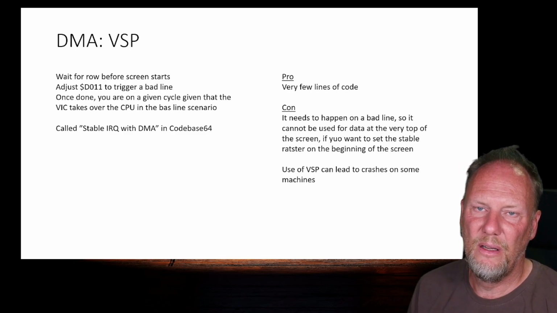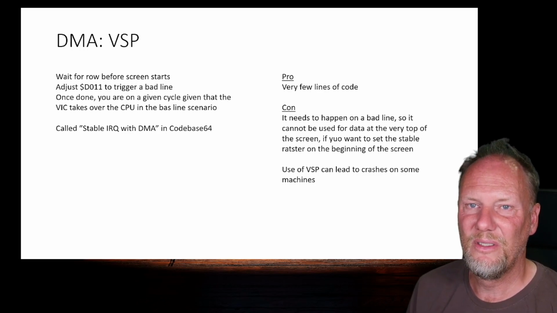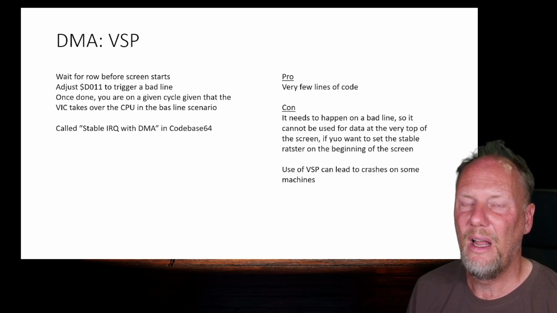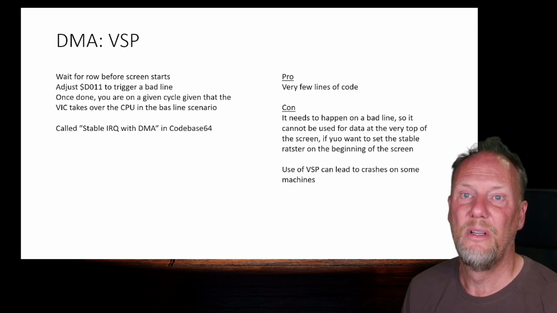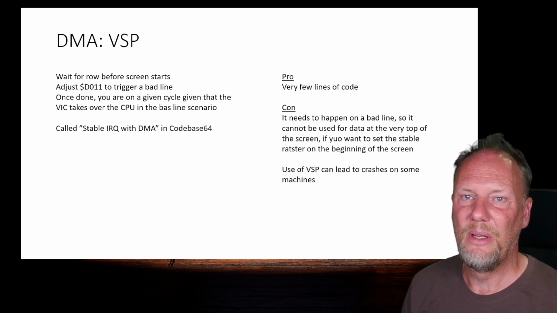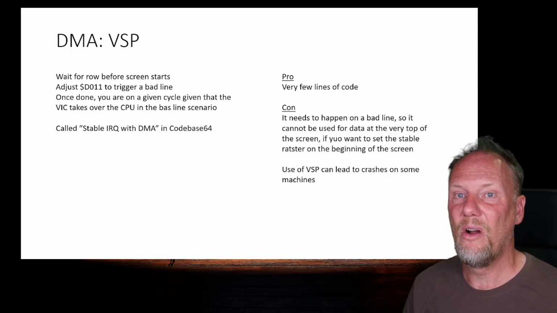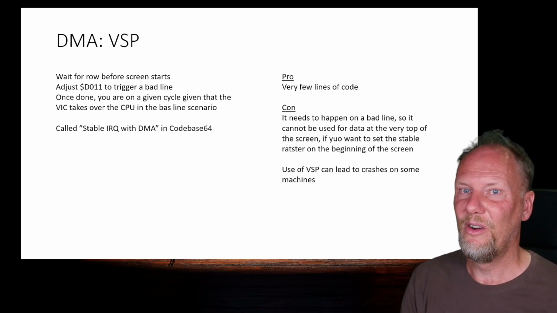And then VSP in general is sort of not encouraged because there are a number of machines that cannot handle VSP, and if you start messing with VSP, the CPU will crash because it starts writing crap in memory. Some machines are always like that, or they are like that when they are warm or when they're cold.